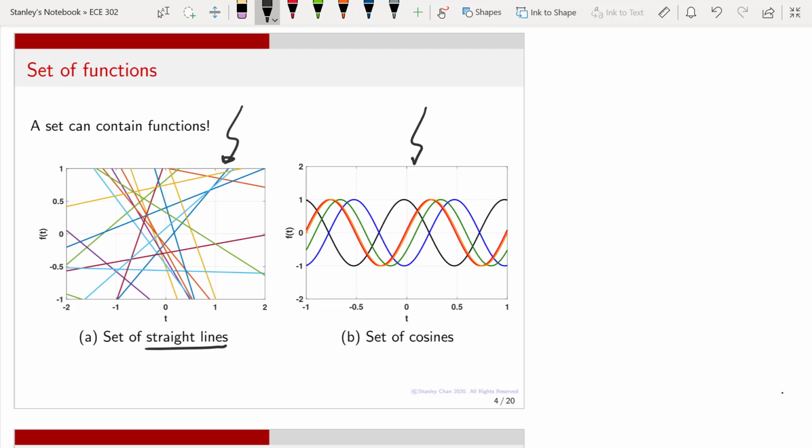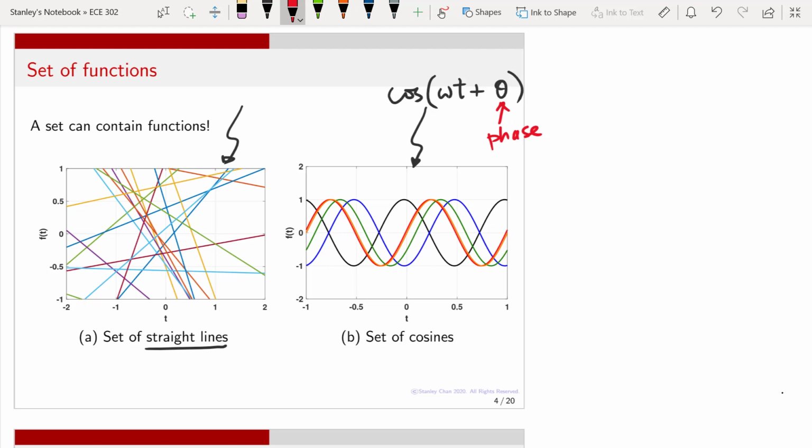Here is the set of all the cosine functions with a random phase. What I mean is that you plot a cosine function. Here is a cosine function where you have a carrier frequency omega times t plus some random phase. So here is the phase, and this phase can be any kind of number, so it could be a random number, and therefore this set would contain all the possible cosine functions of different phase.